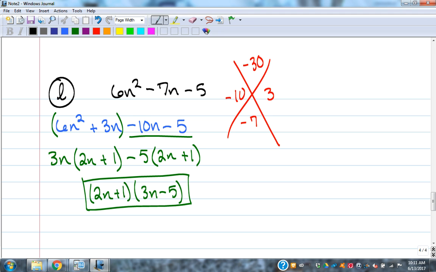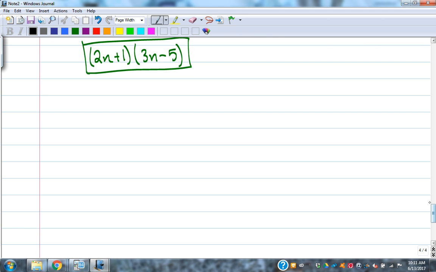All right, let's look at maybe a shortcut that can help you a little bit, speed you up a little bit on some of these. X squared minus 8x plus 16.